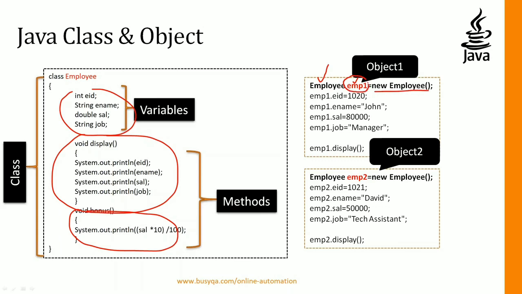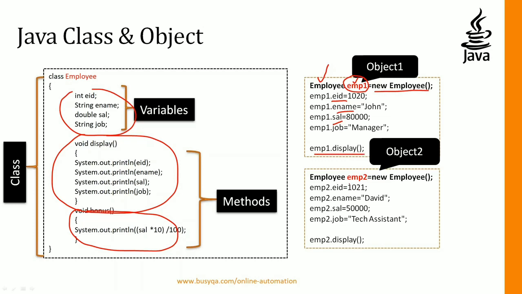So emp1 is called an object reference variable, and by using this object reference variable, we can assign the values to these variables like emp1.eid, emp1.ename, emp1.sal, emp1.job, and then we can call this method also through emp1.display.